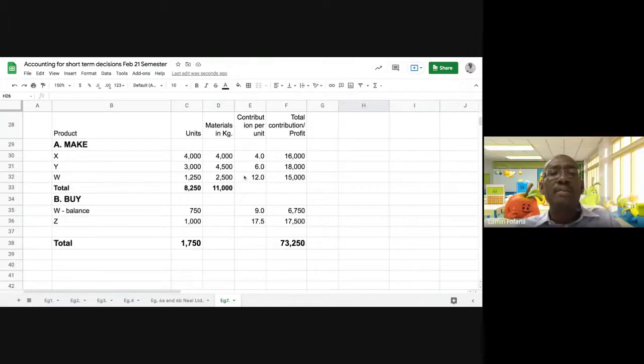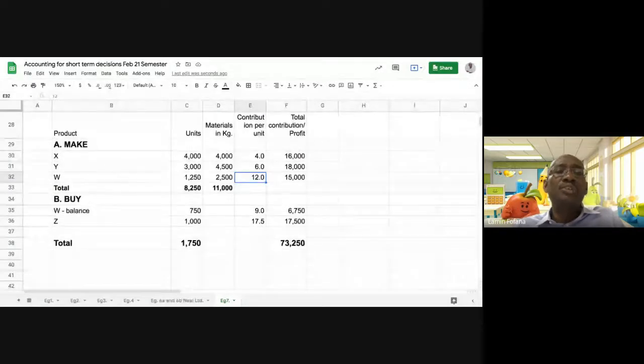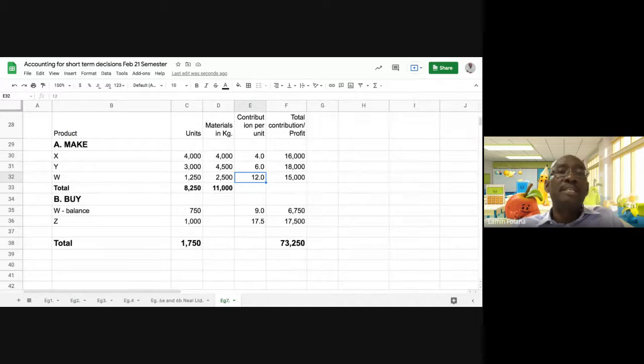Okay, you say in the make decision, why do I have the contribution. That's a good one. The contribution for W in the make situation is 12. The reason is we are considering the selling price per unit less the variable cost of making.